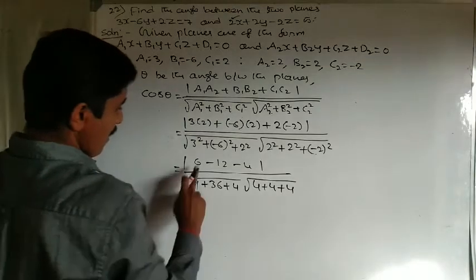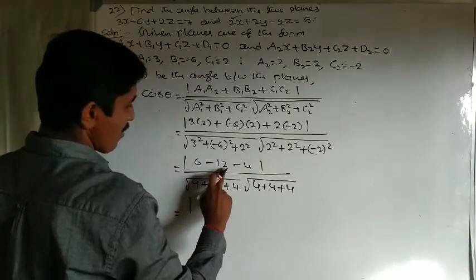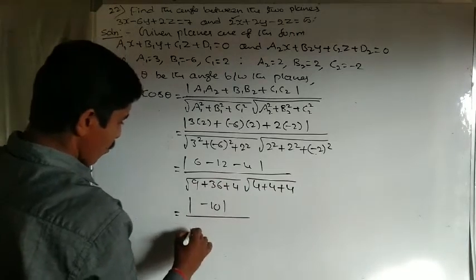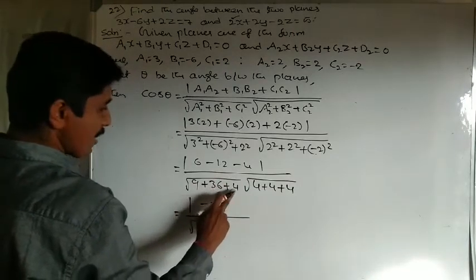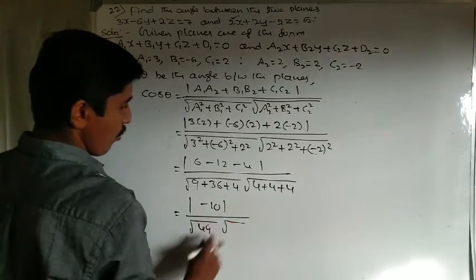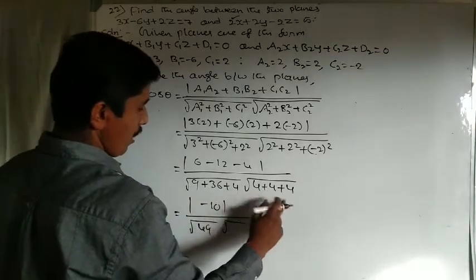Modulus of 6 minus 12 minus 4, that is minus 10, divided by square root of 9 plus 36 plus 4, that is 49, into root of 4 plus 4 is 8, plus 4 is 12.